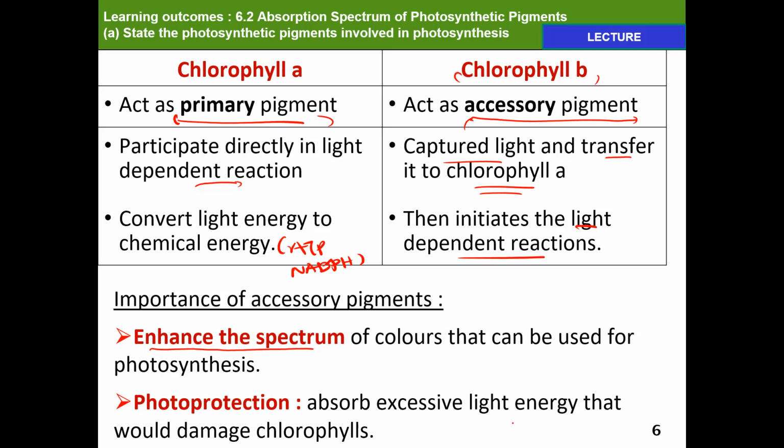Second is photoprotection. If the photosynthetic pigments absorb excessive light energy, it will damage the chlorophyll, so accessory pigments prevent the chlorophyll from becoming damaged.